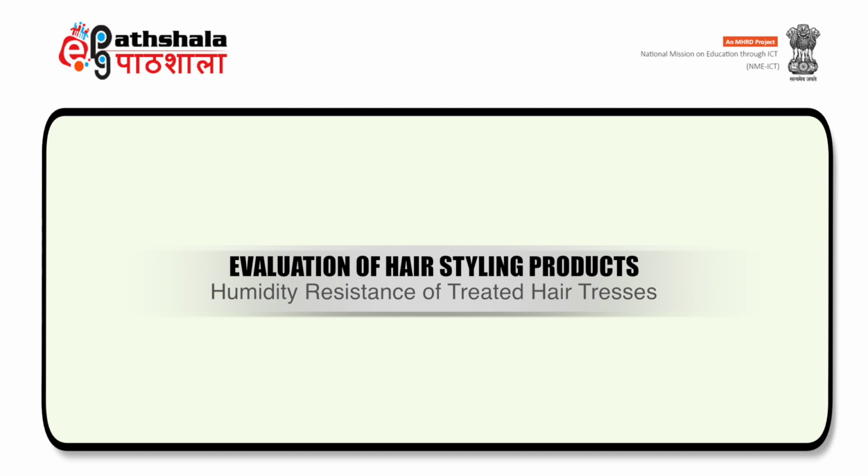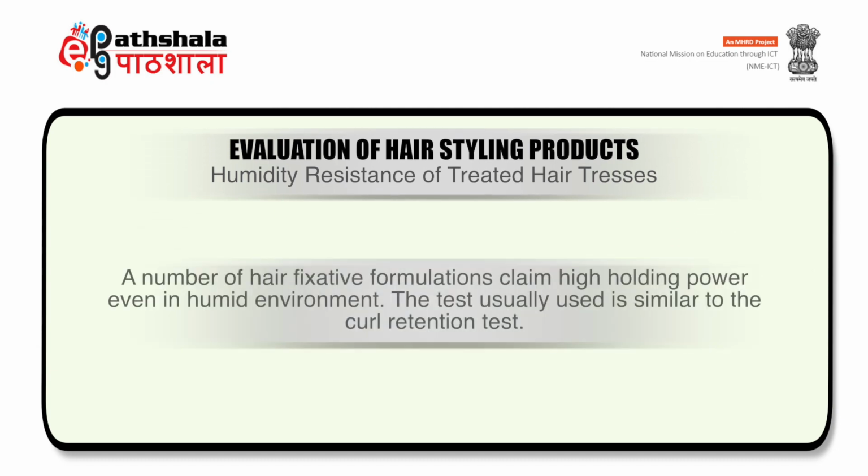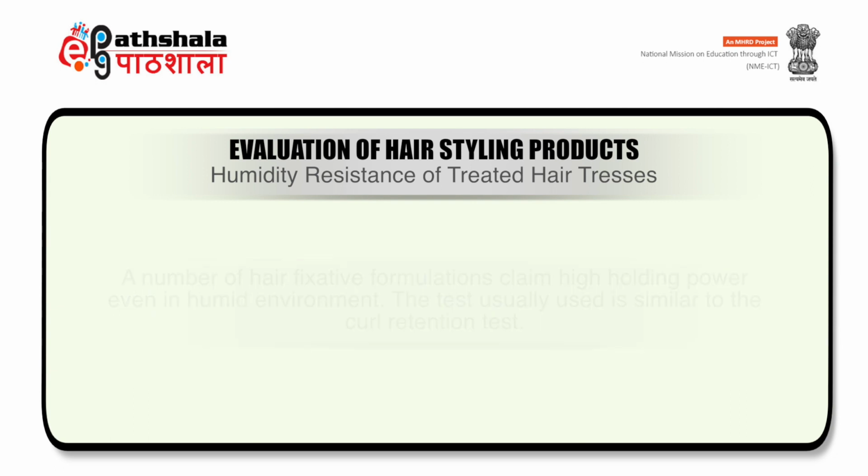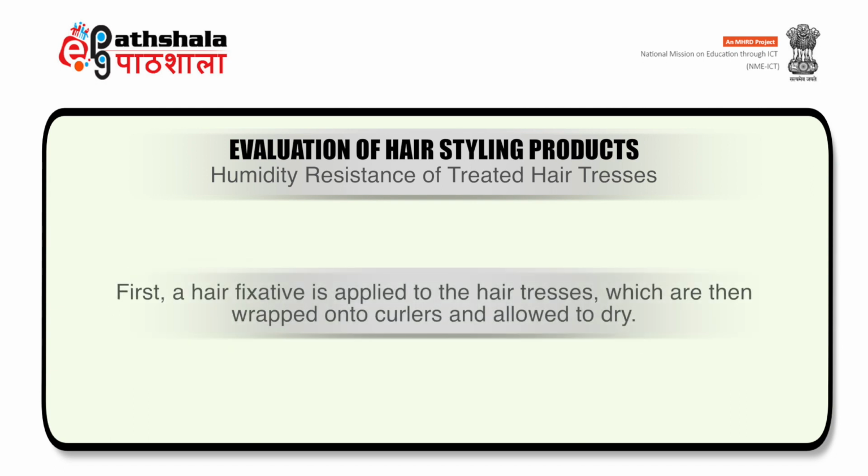Next evaluation is humidity resistance of the treated hair traces. A number of hair fixative formulations claim high holding power even in humid environment. The test usually used is similar to the curl retention test. First, a hair fixative is applied to the hair traces, which are then wrapped onto curlers and allowed to dry.